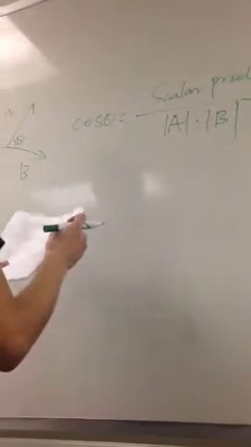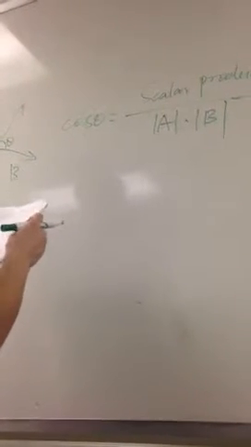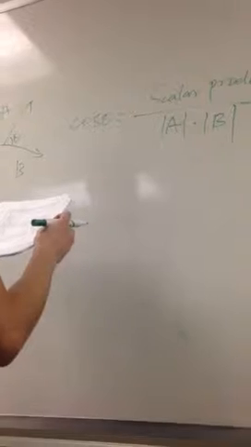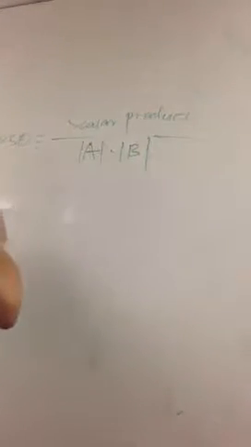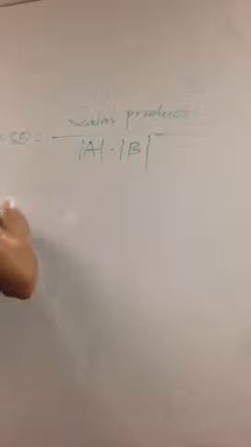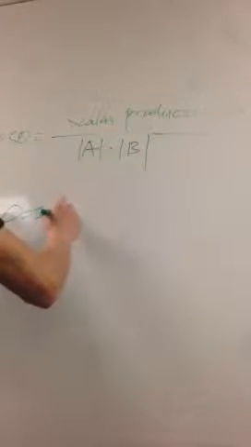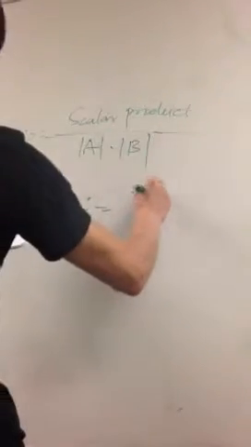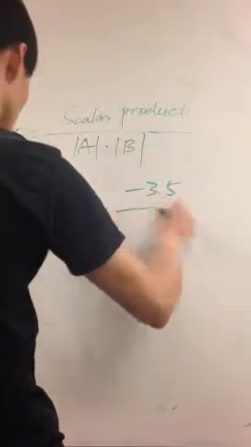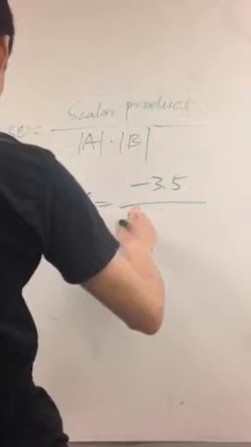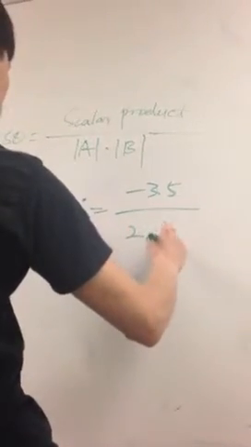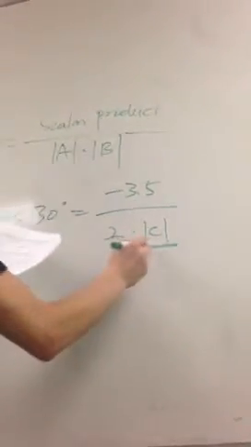Two of them actually. So number 19 is A and C. You know the scalar product? Cosine of 130 is equal to -3.5 over 2 times C. That's what you want to calculate.